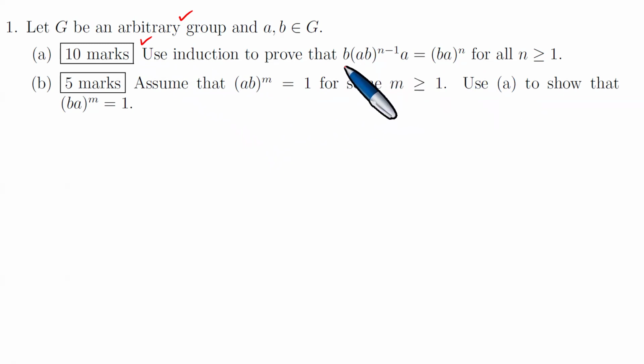For instance, what are we supposed to prove here? We're supposed to prove that B times (AB) to the power n minus 1 times A is equal to (BA) to the power n, for all n greater or equal to 1.